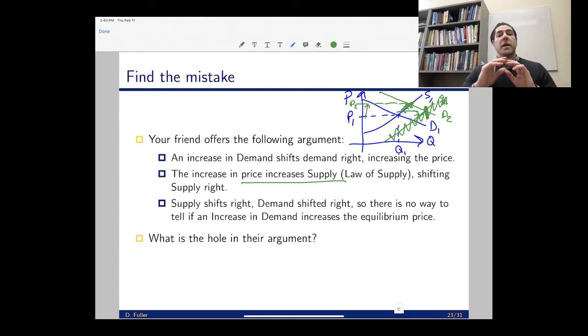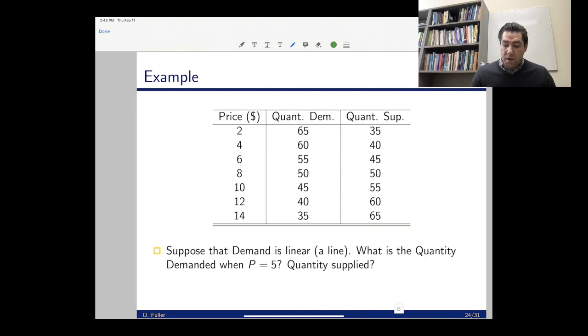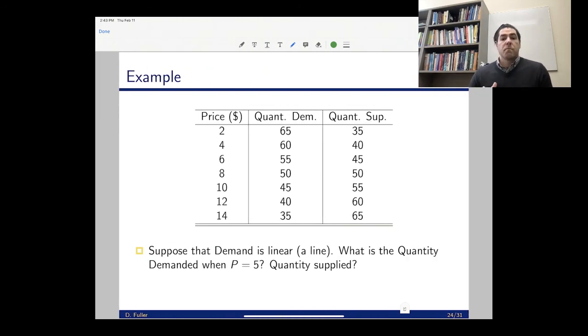No. If something shifts, the price changes, we move along the other curve. It doesn't necessarily shift. Okay, so in our next video, we will take an example where we're presented the information in a table as opposed to graphically, finding equilibrium, looking at different prices and shortages and surpluses, etc.